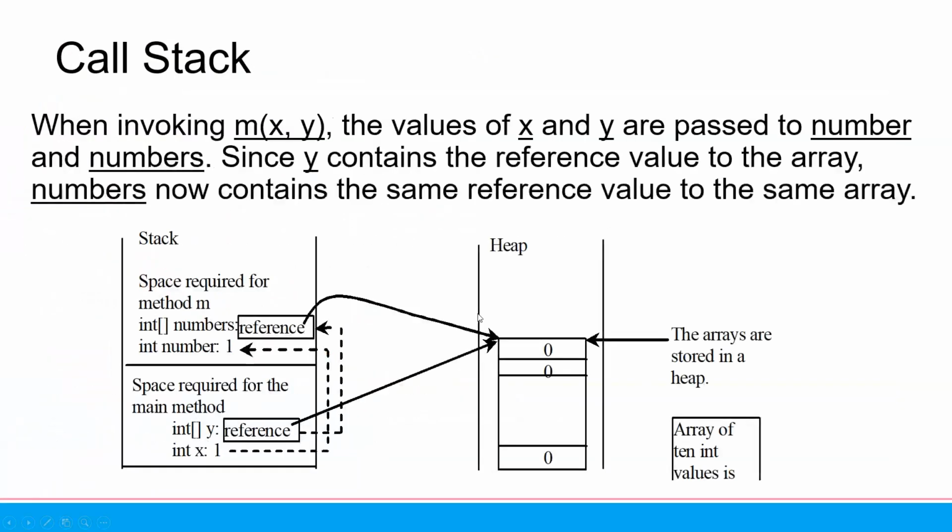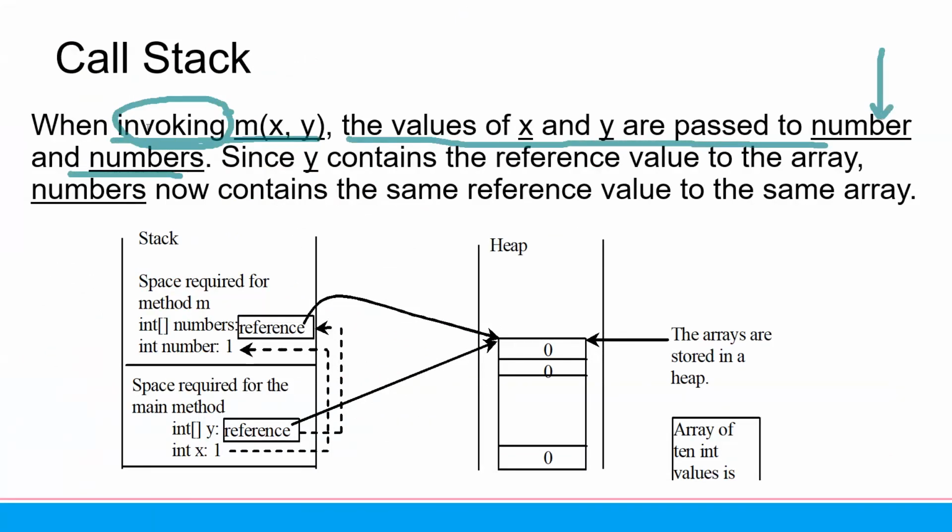So what we want to see here is about the reference in Java. We call it stack. So when we execute m(x, y), invoke means execute. Okay. The values of x and y are passed to number and numbers. What is number?